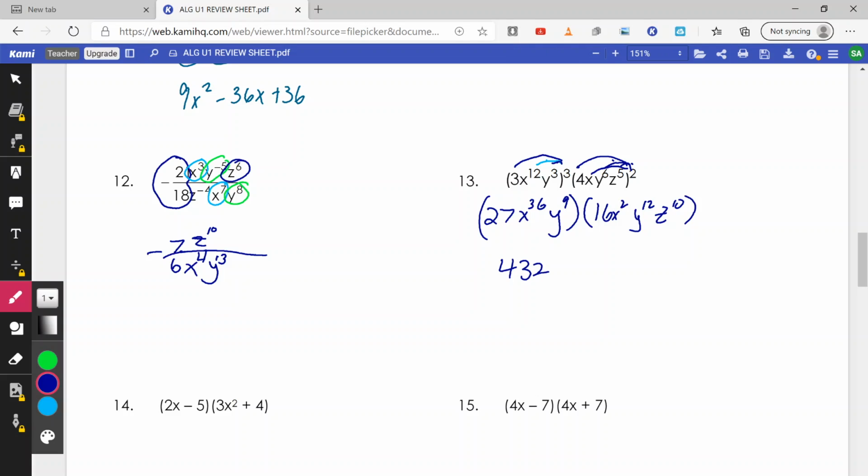Separate bases, I'm going to add my exponents as long as they're the same base. So x to the 36 times x squared. 36 plus 2 is going to give me 38. Y to the 9th times y to the 12th. I add 9 and 12, so we get y to the 21st. And then z to the 10th is going to come along for the ride.